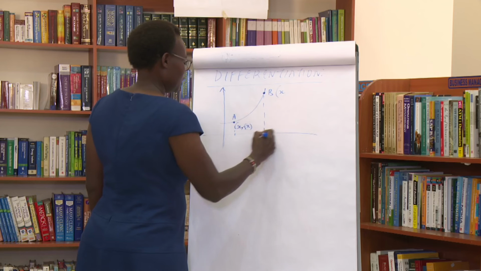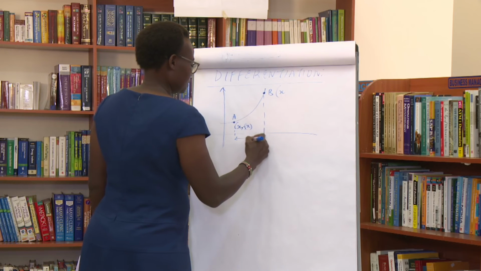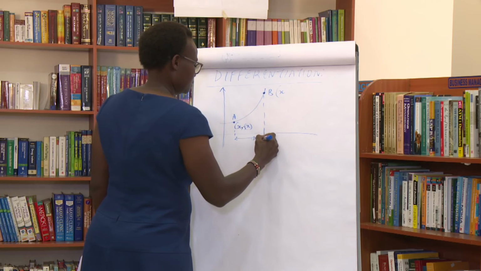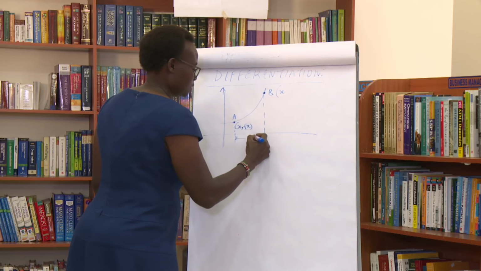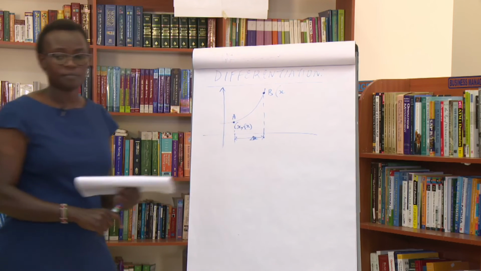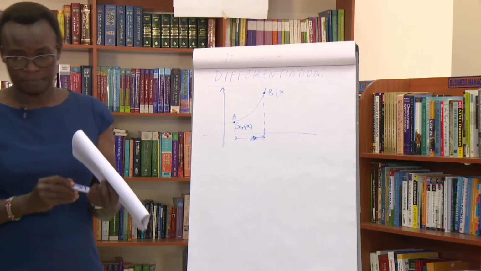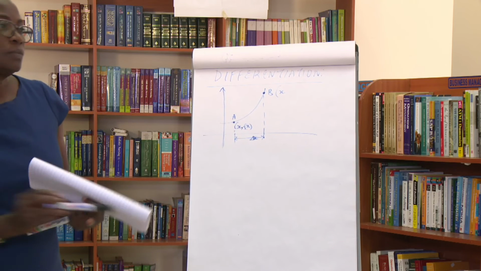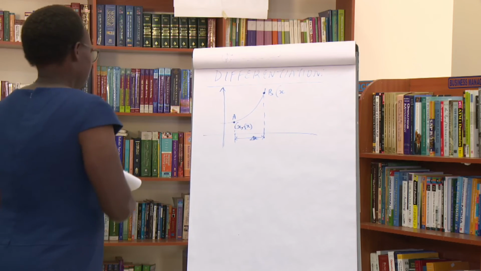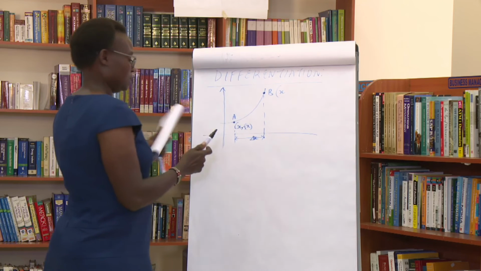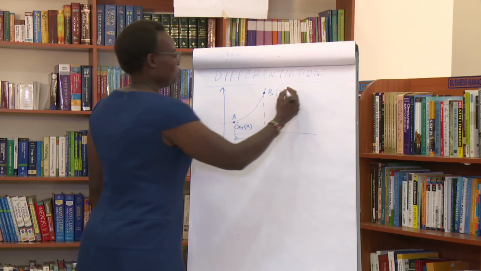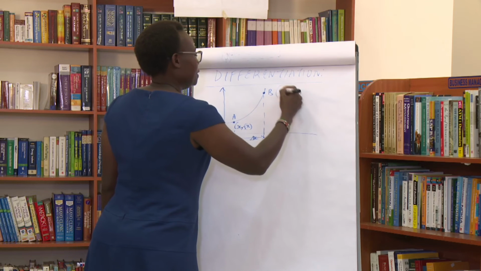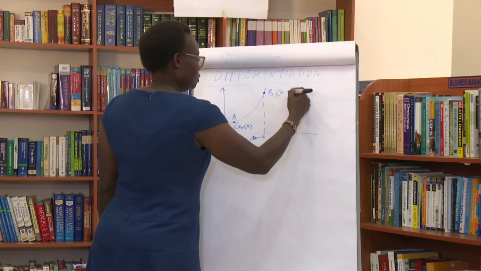So this is change in x from here to here. So B will be x plus change in x, and that would be our x coordinate.